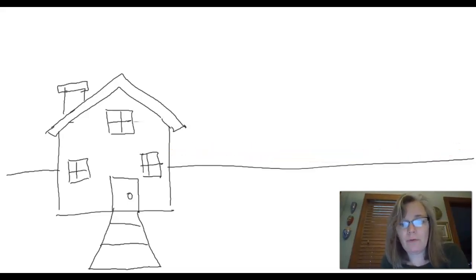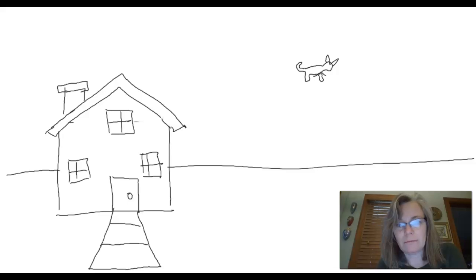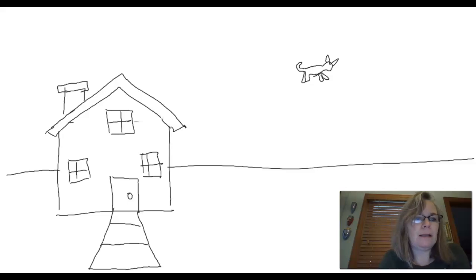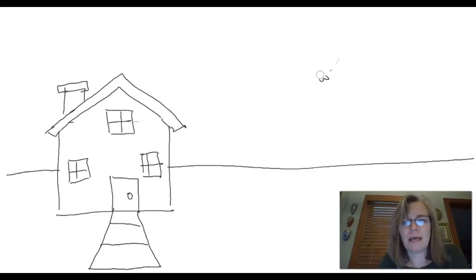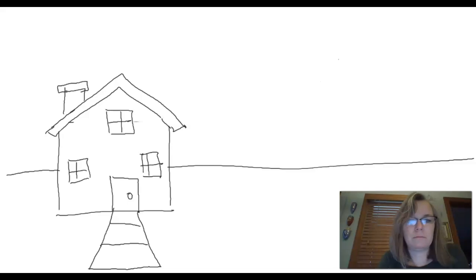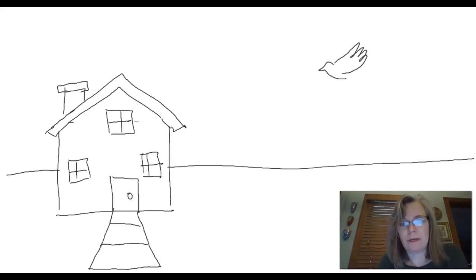If you wanted to draw an animal that's far away, let's just make a little animal here, a little fox. Would it make sense for the animal to be up there? Probably not, unless that animal is a bird, or maybe a bat, or something else that can fly.